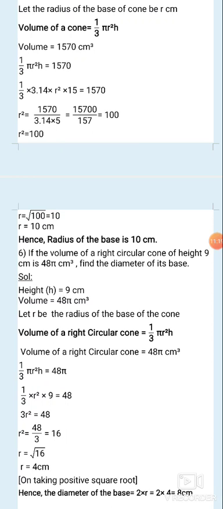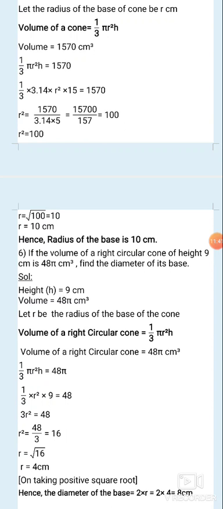So pi and pi are cancelled. Now 1 by 3 r square into 9 is equal to 48. So 9 and 3 are cancelled. 3r square is equal to 48. R square is equal to 48 by 3, which is 16. Then r is equal to square root of 16, which is equal to 4 centimeter.